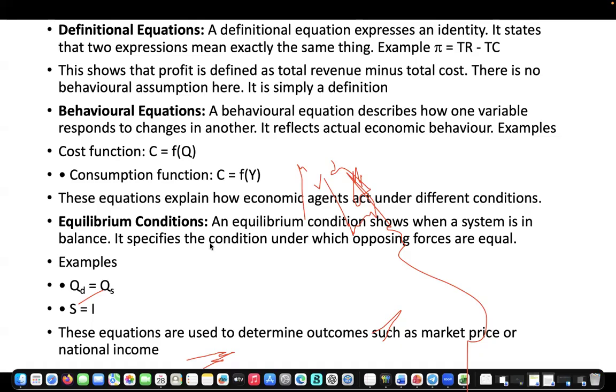So assuming a farmer needs money urgently to send his or her ward to school, but the buyer is saying, oh, I can give you 1,500. If the farmer accepts that 1,500 and gives the product to the buyer, that is where there's equilibrium. So whenever demand is equal to supply, there's equilibrium. The equilibrium condition is when the system is in balance.